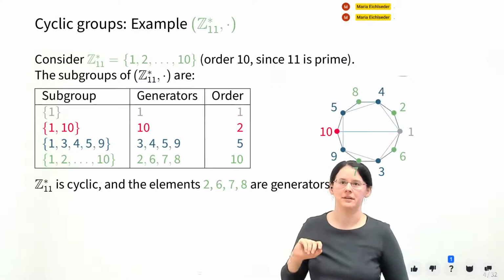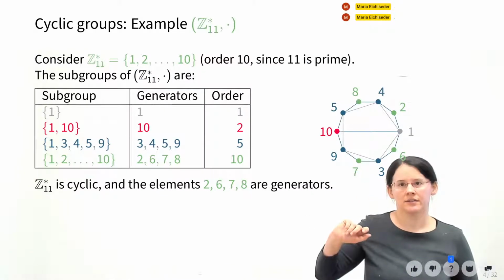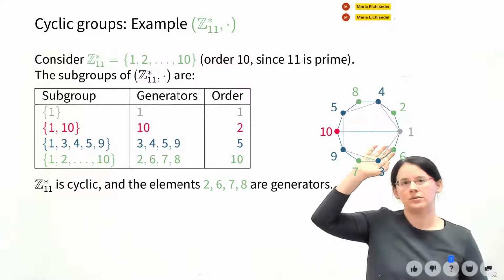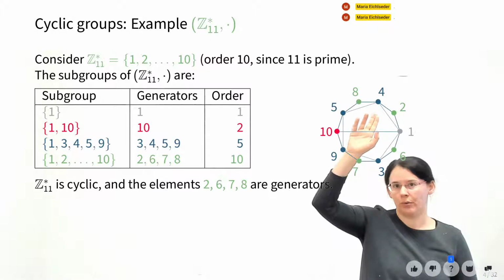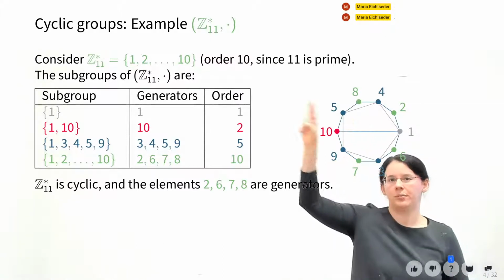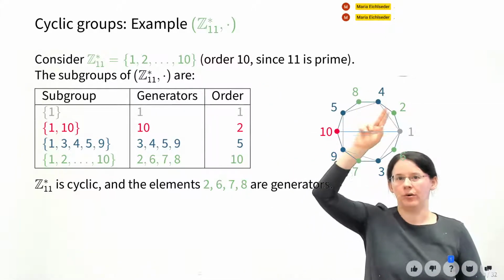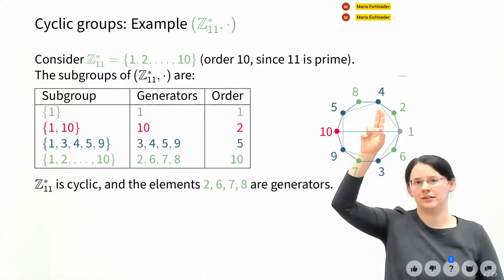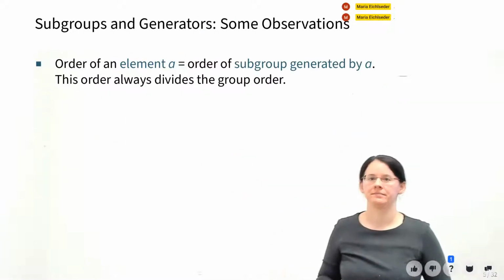So maybe if we look at an example here, so for example, if I take 2 to the power of 2, which is 4, then the exponent here, the 2, has a common divisor with the group order, which is why the order of 4 is no longer the full 10, but it's 10 divided by 2, so by the greatest common divisor, which is 5.